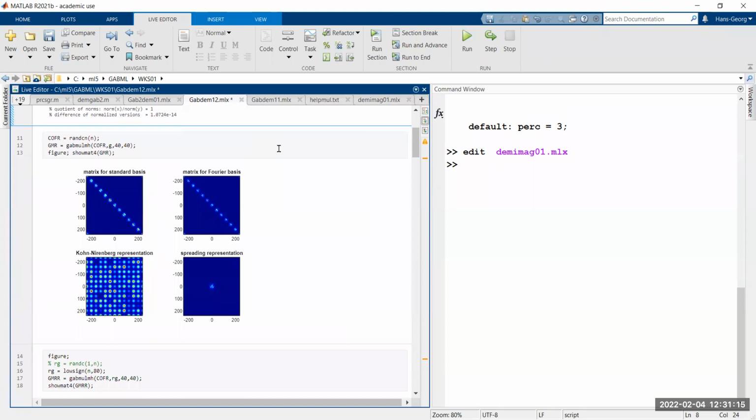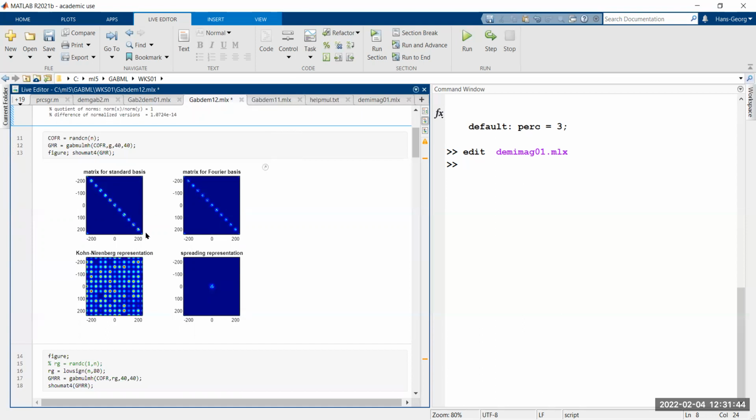Now, what I'm doing next, in order to demonstrate the other properties of a Gabor multiplier, I was choosing a random set of coefficients, and then creating a Gabor multiplier with a large lattice constant. This is made in order to ensure that the individual contributions do not have too much overlap, so that you see clearly.